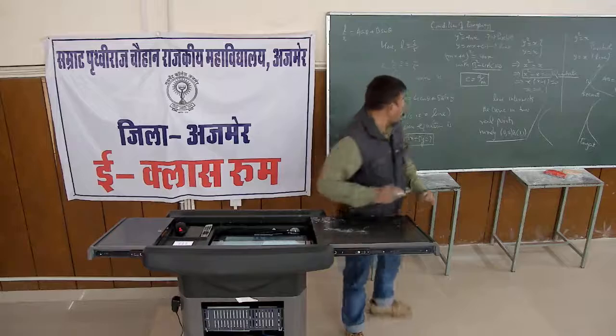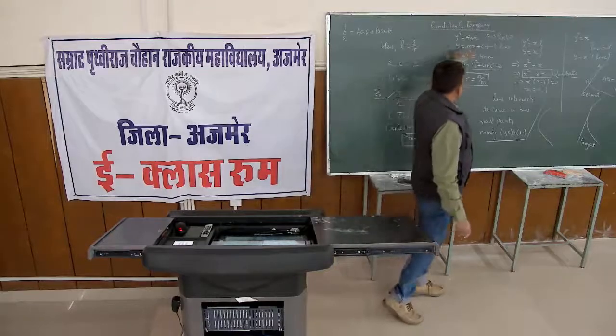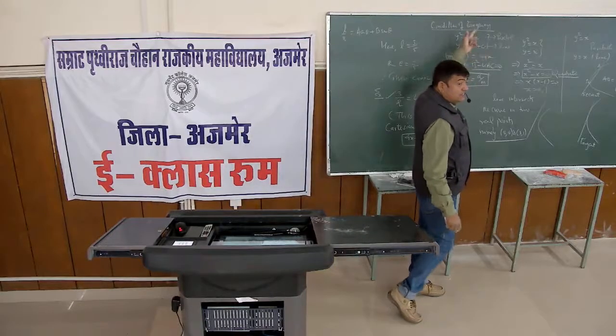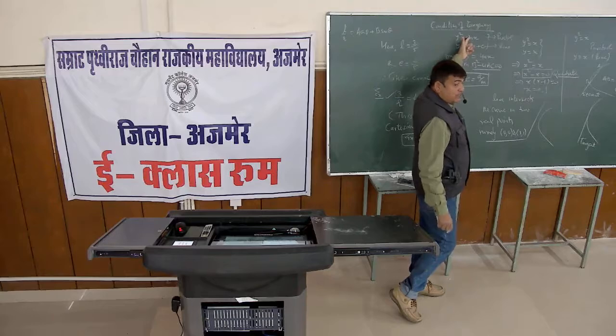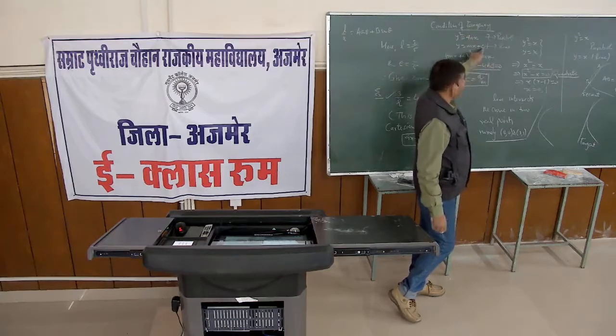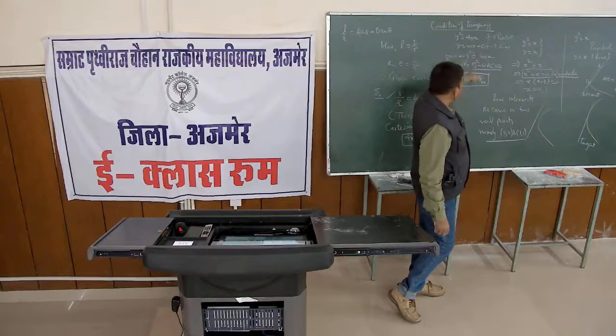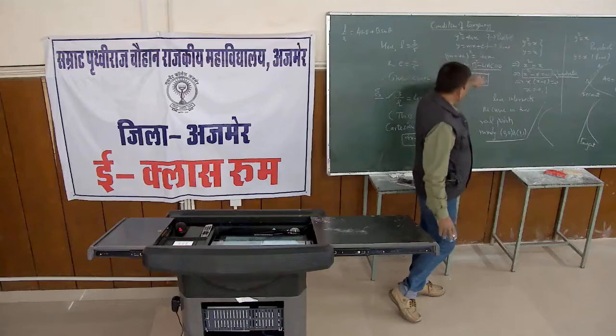So if I say y equals mx plus c touches y square equals 4ax, then what will happen? The c, means this constant, equals a upon m. So there are three arbitrary constants a, m and c. So this is the relationship.